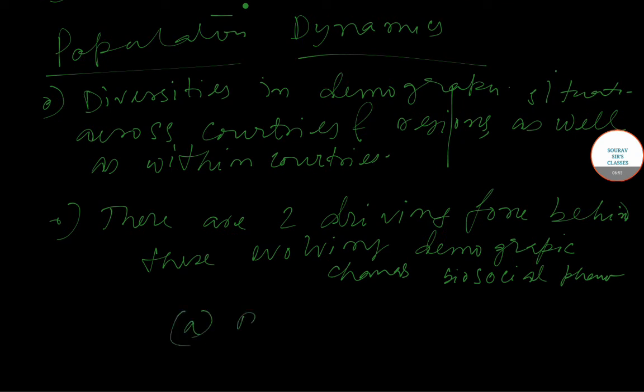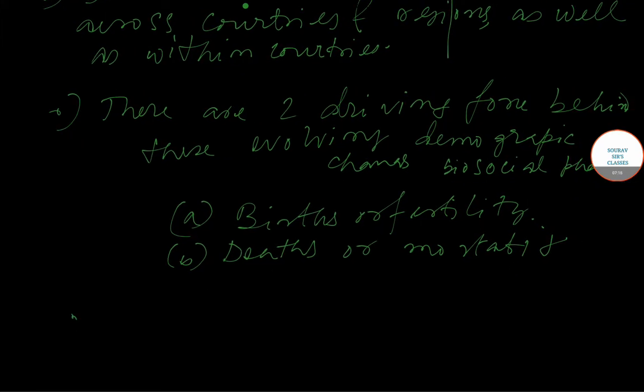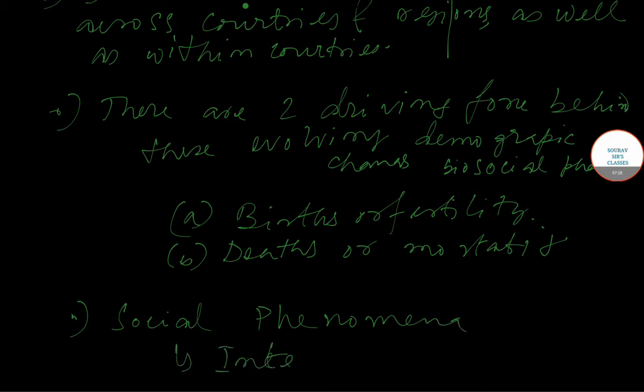Those are births or fertility, deaths or mortality. Besides this, there is social phenomena, which are actually focused on internal and international migration.